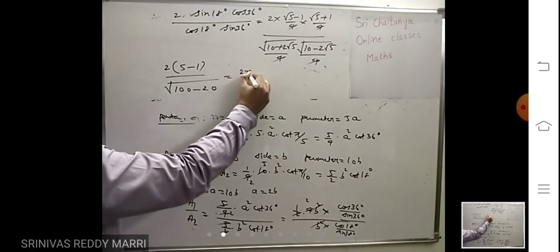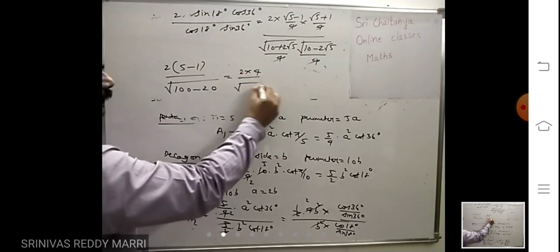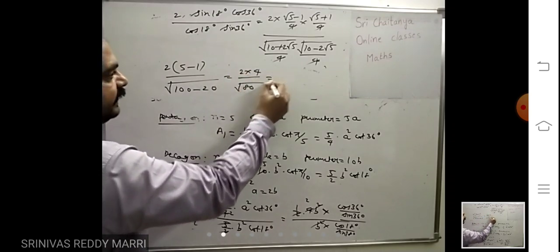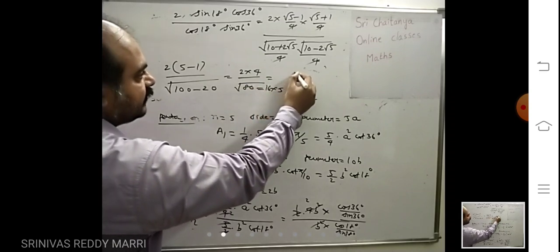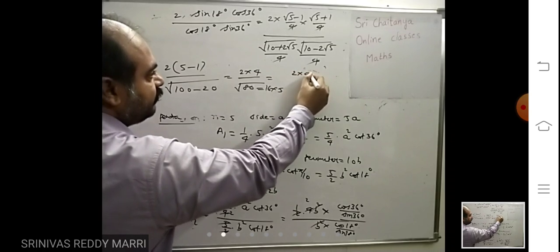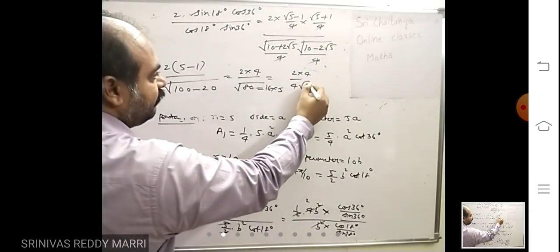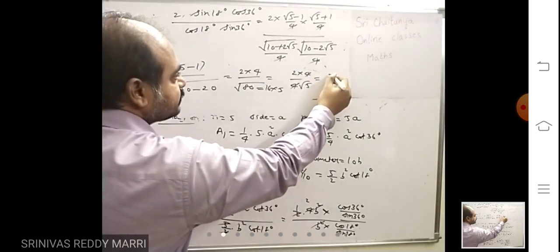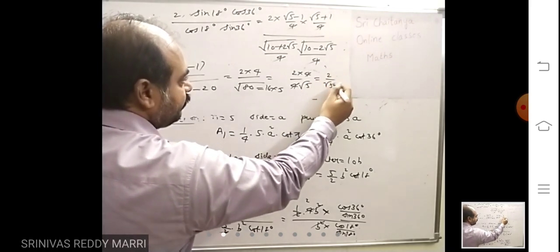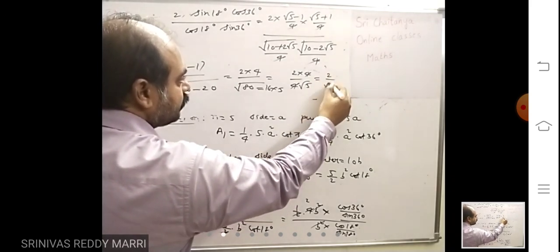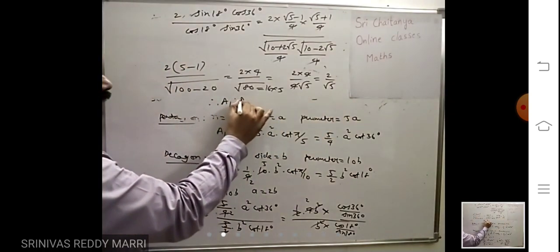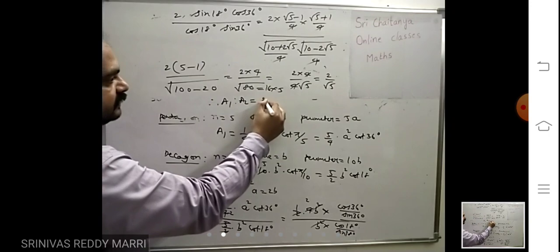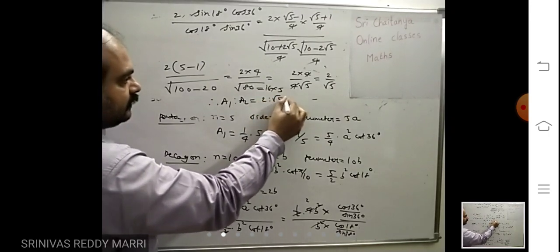That means 2 into 4 divided by root of 80, which is 16 into 5. So 2 into 4 divided by 4 root 5. So the answer is 2 by root 5. Therefore, the ratio A1 is to A2 is nothing but 2 is to root 5.